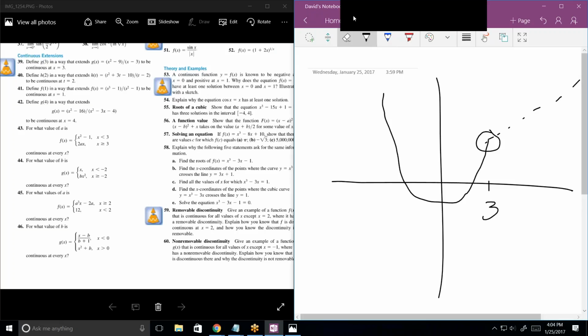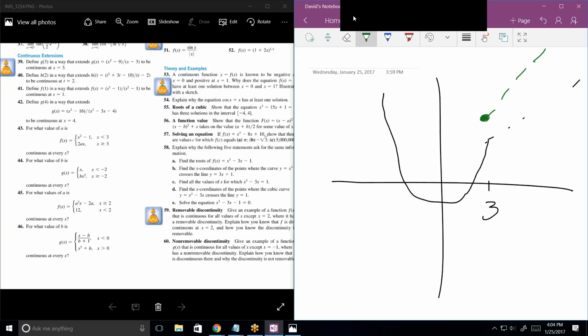In other words, what if the second function, the dotted line, what if the dotted line did this? Let me draw it in a different color. And it ended right there. And that's a greater than or equal, so that would be the closed dot. Now, would that function be continuous for all x?